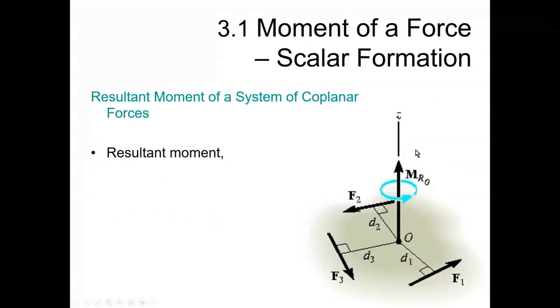Now, what if I have a system of forces which are making a rotation? One way to find the total rotation effect is that the total moment MRO is the rotation due to F1 plus the rotation due to F2 plus the rotation due to F3. F1 D1 is in the positive Z. F2, is this a positive or negative rotation?